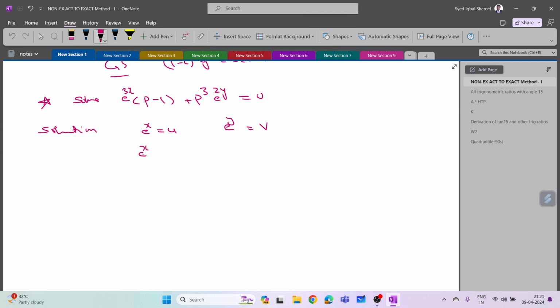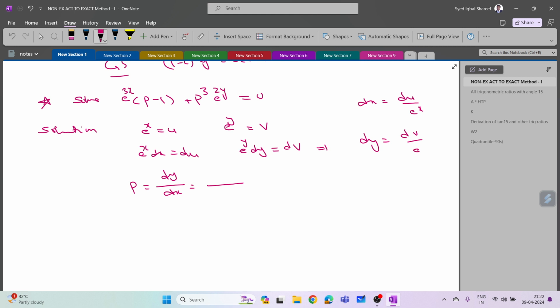So e to the power of x dx equal to du, e to the power of y dy equal to dv. So we want p. What is p? P is nothing but dy by dx. So what is your dy? dx equals du by e to the power of x, dy equals dv by e to the power of y.